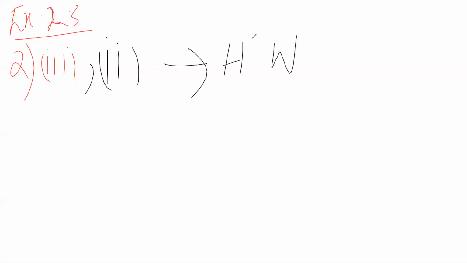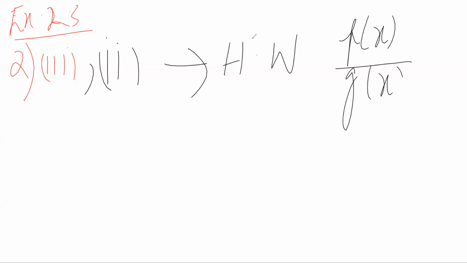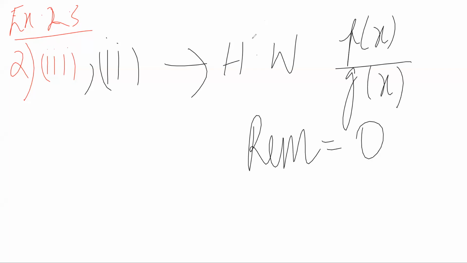So in exercise 2.3, the third and fourth subdivisions of the second question are homework. You try solving both the questions. It's very simple. When you divide p of x with g of x, if you get the remainder as 0, then the second polynomial is a factor of the first polynomial.